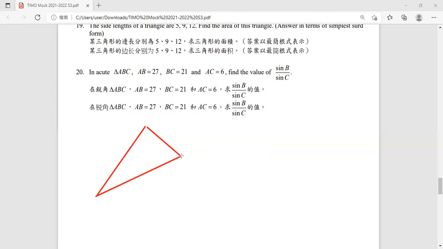The question has said it wrong, but it's okay. You can still calculate the answer. Do you know why? What happened?